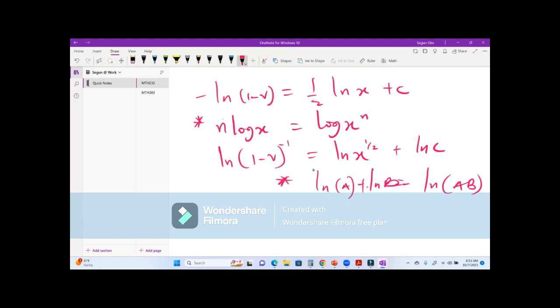So we have ln (1 minus v) raised to power minus 1 equals to, now what this means is when you find the square root of both sides, at this particular side we have ln square root x. That's the meaning of this. But don't forget you have ln c. It's still the same.